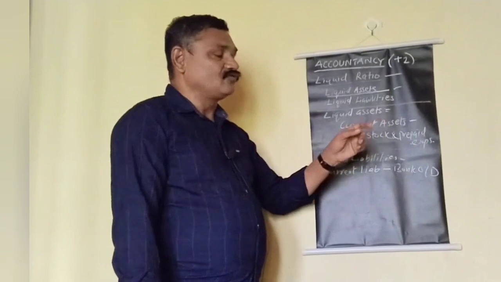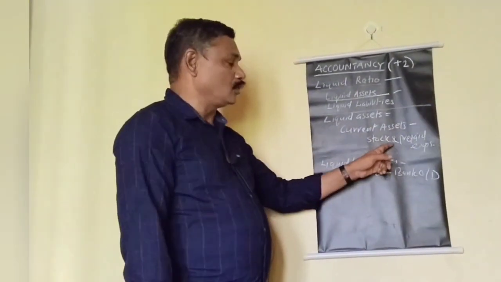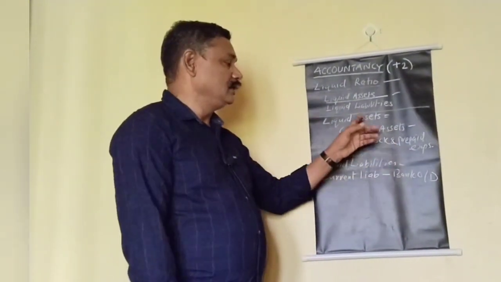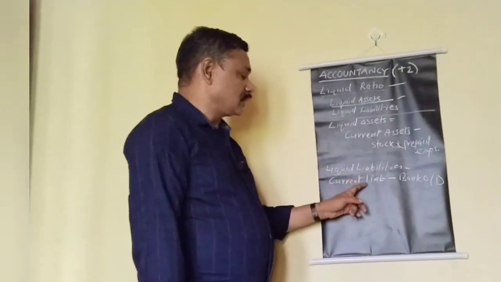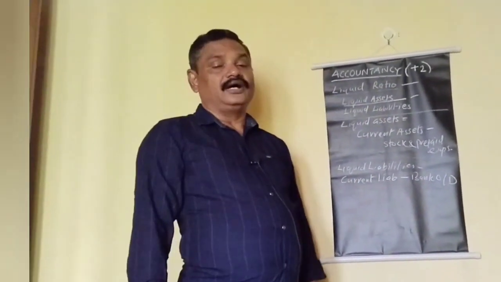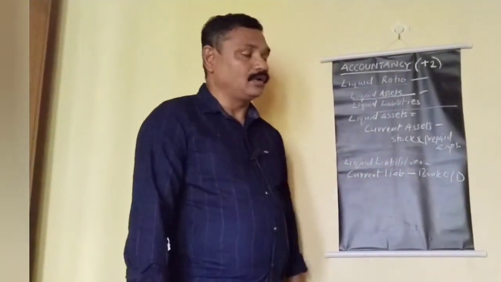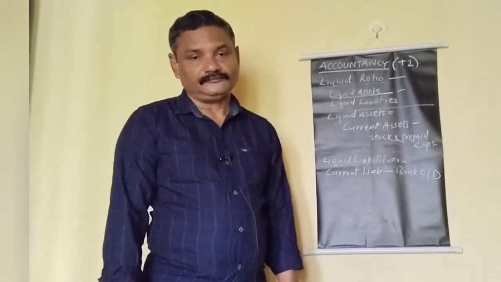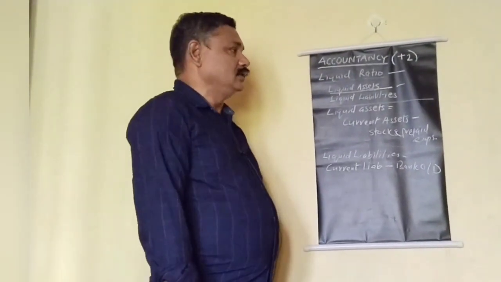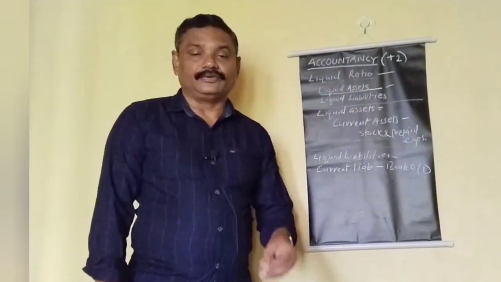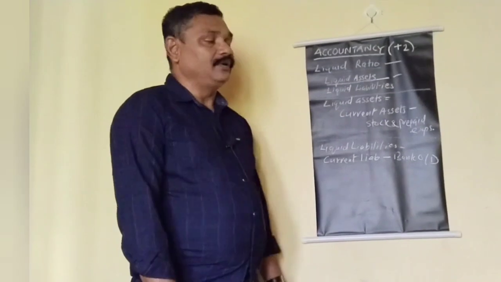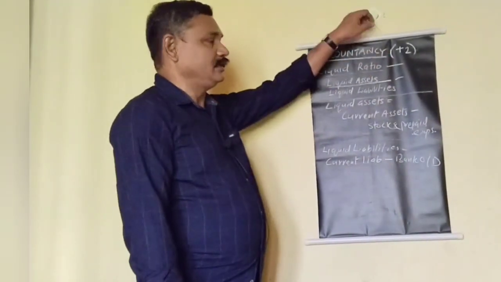From the current assets total, we have to subtract stock and prepaid expense. From the current liabilities total, we have to subtract bank overdraft, so we will get liquid liabilities. So liquid ratio shows the relationship between liquid assets and liquid liabilities.